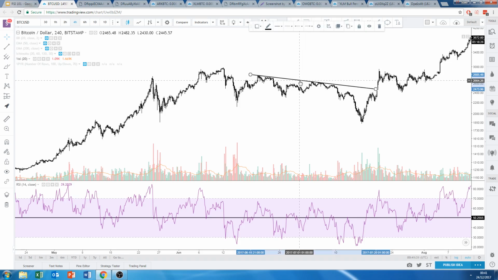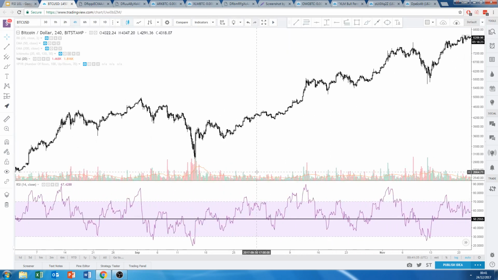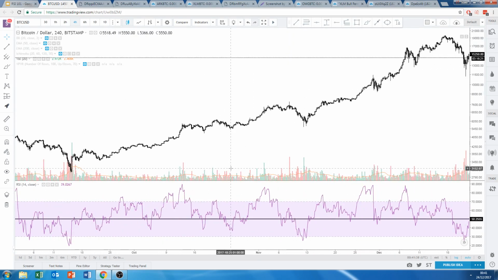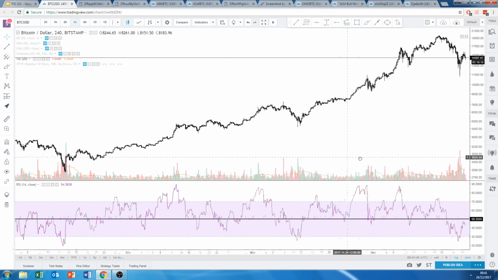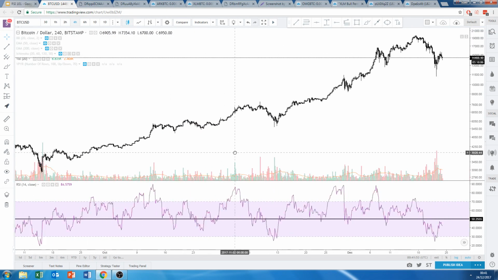Now, what's left is, how do we identify trend reversals using the midpoint 50 line? The simplest way of thinking about this is to treat the 50 line as a dynamic support and resistance.